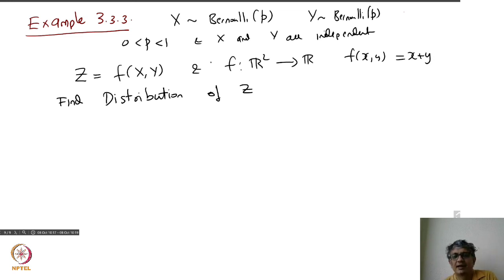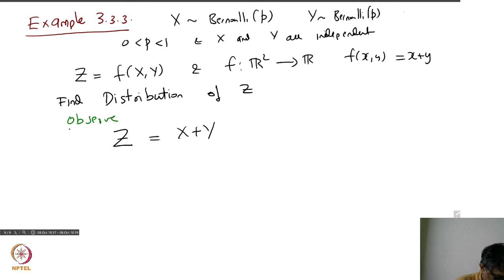So now you stare a little bit at this. What's going on? Nothing much is going on here, because all you want to do is find Z equal to f of (X, Y), which is just X plus 1. Now observe this. This is just looking at X and Y as two independent variables.